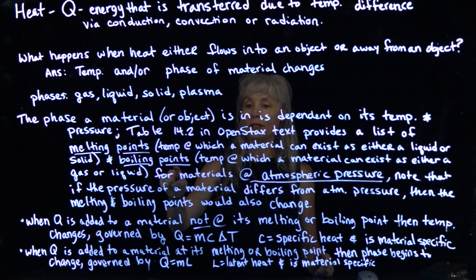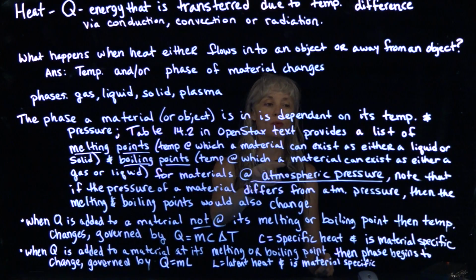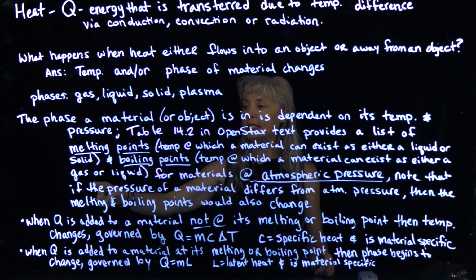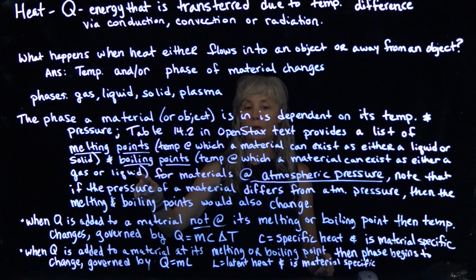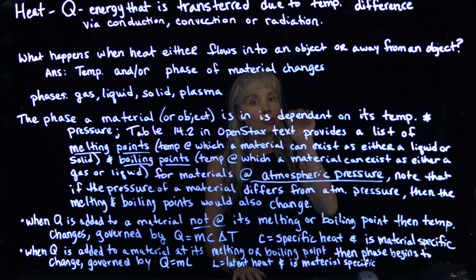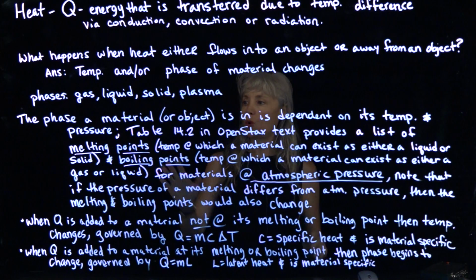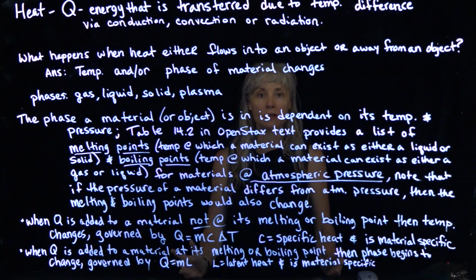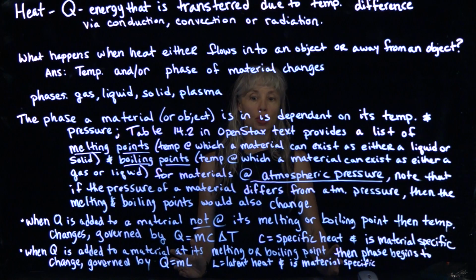And boiling points are temperatures at which a material can exist as either a gas or a liquid for materials at atmospheric pressure. So all those temperatures that correspond to melting points and boiling points for different materials in table 14.2 are all evaluated at atmospheric pressure.